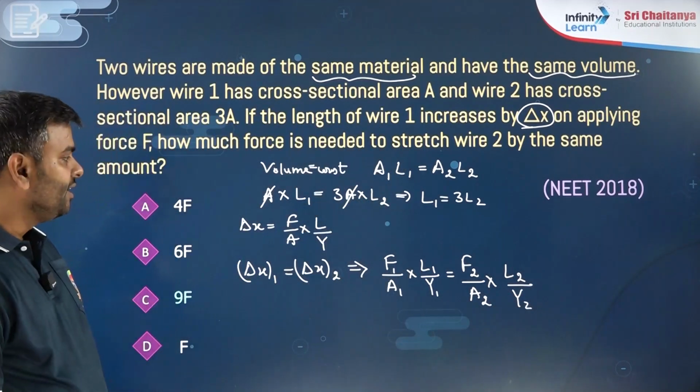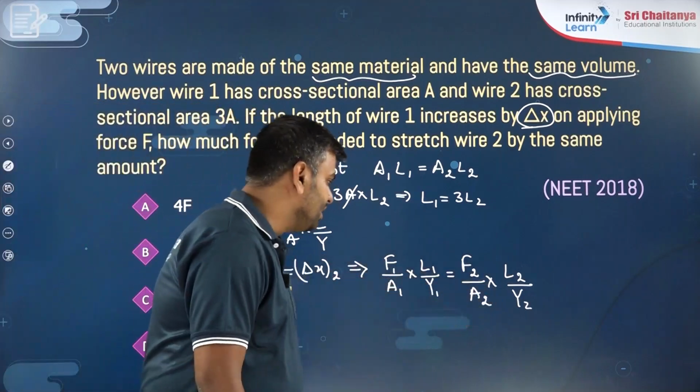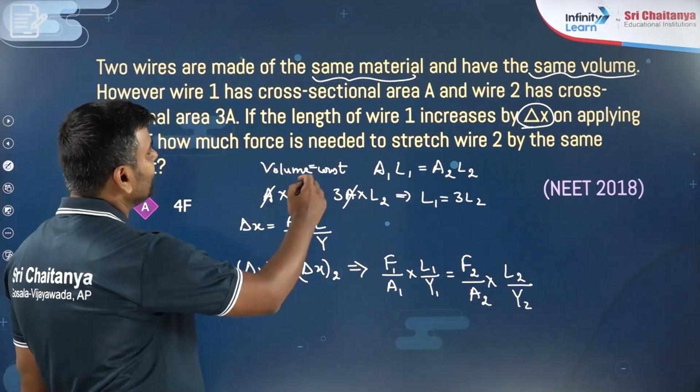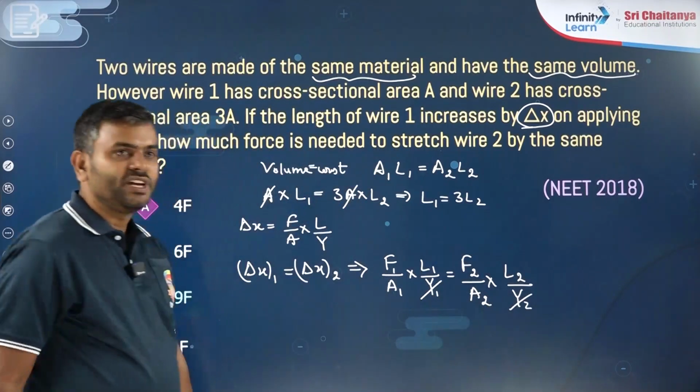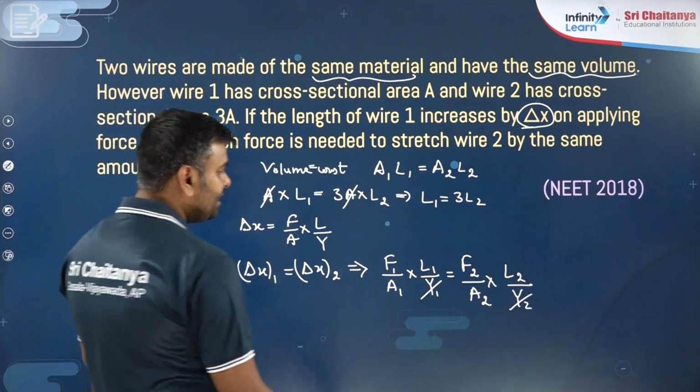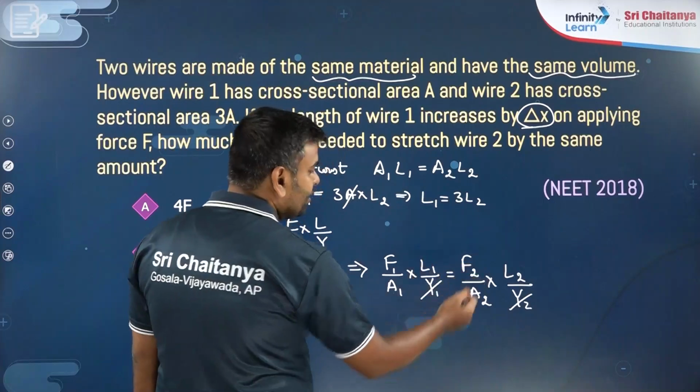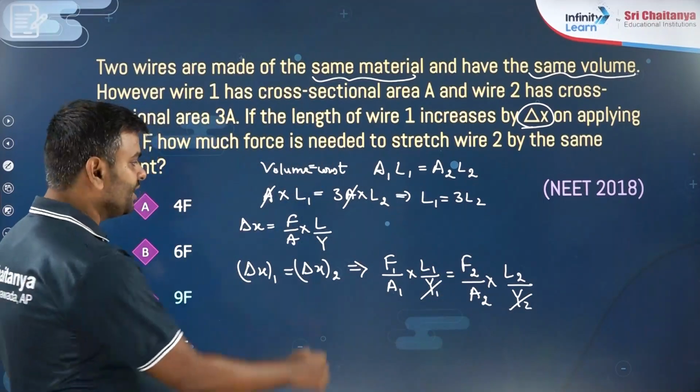In this particular question they have given the same material, so Y1 and Y2 both will be the same, so we can cancel it. And the relation between L1 and L2 we have calculated, so we can substitute that.